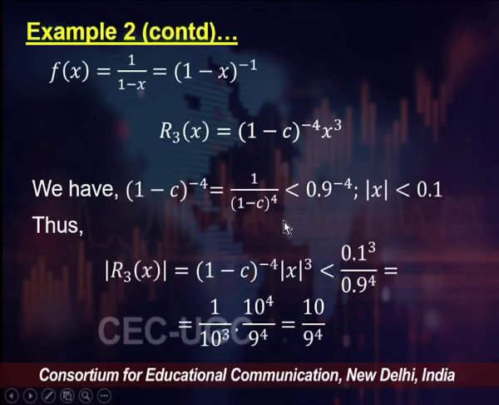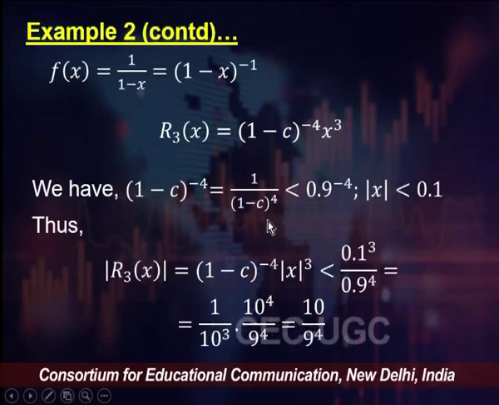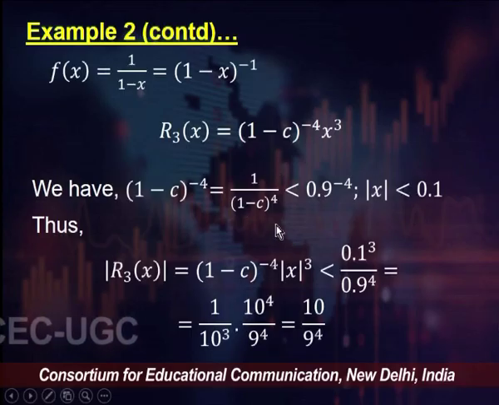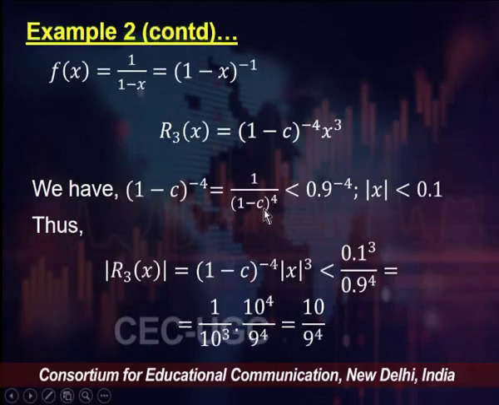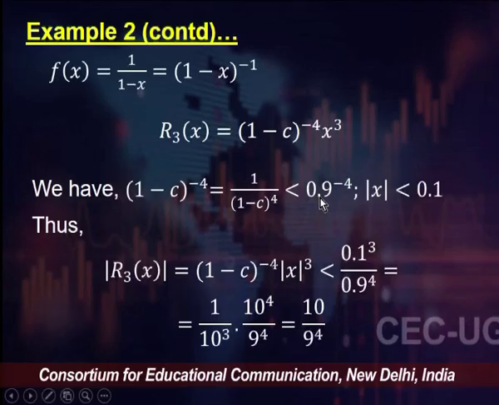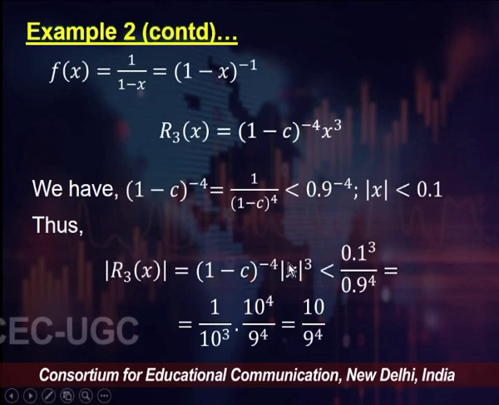So c also runs through the values minus 0.1 to 0.1, and you can check for yourselves that this fraction, 1 upon (1 minus c) to the power 4, attains its maximum where c is equal to 0.1, and that then gives us the upper limit as 0.9 to the power minus 4, or 1 upon 0.9 to the power 4.